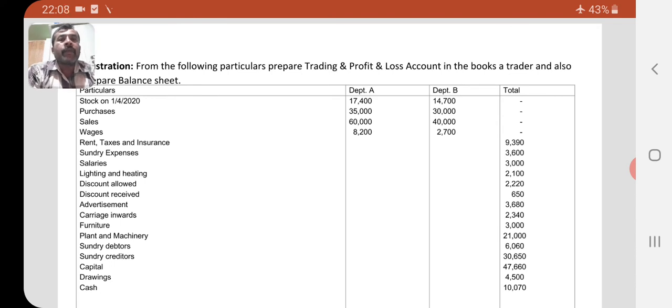And the common expenses incurred in the firm are given: rent, taxes and insurance 9,390, sundry expenses 3,600, salaries 3,000, lighting and heating 2,100, discount allowed 2,220, discount received 650, advertisement 3,680, carriage inwards 2,340, furniture 3,000, plant and machinery 21,000, sundry debtors 6,060, sundry creditors 30,650, capital of the proprietor or trader 47,660, drawings made during the year 4,500, and the cash balance is 10,070.